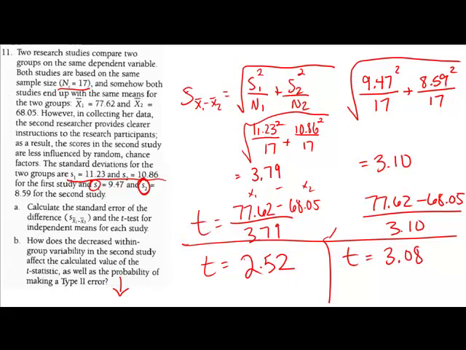Type 2 error is when you mistakenly do not reject a null hypothesis when you should have rejected it. So you say that there's no effect when there actually is an effect. A higher t-score is saying it's more likely that there's an effect.